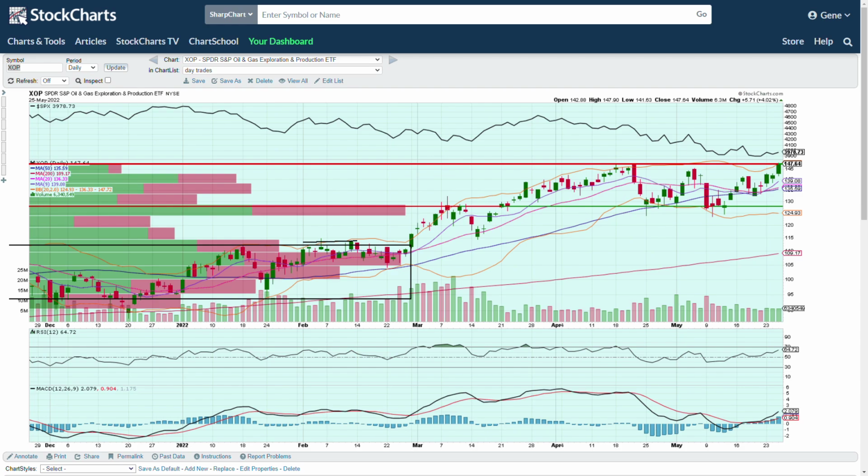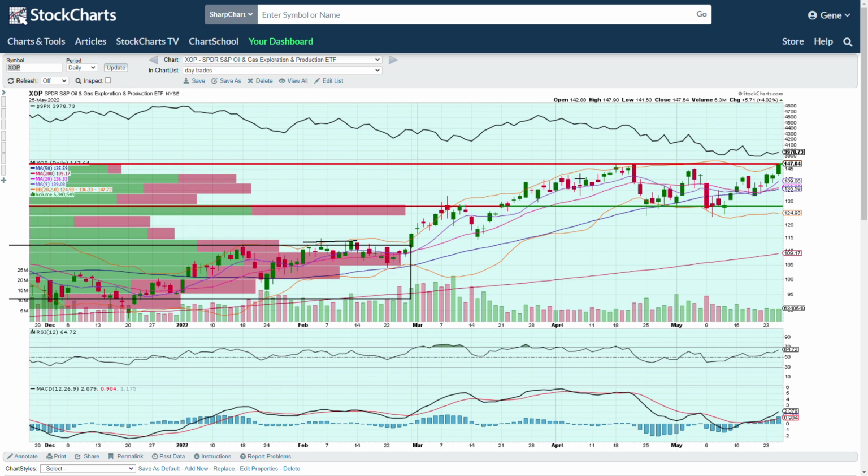Testing resistance levels where we were rejected at late in April. Right now it is flat in pre-market. It actually has not opened up yet to even see where it wants to go. But this is worth watching.